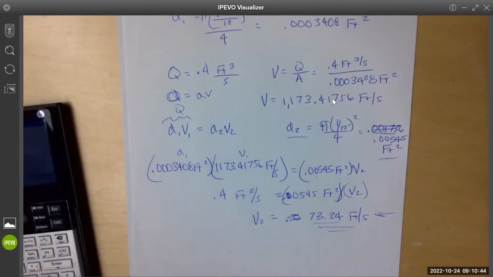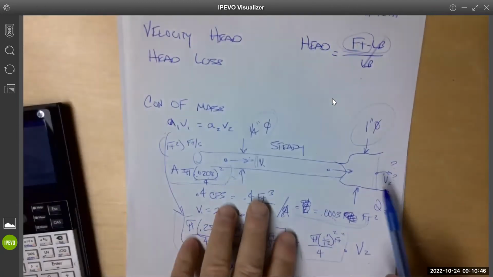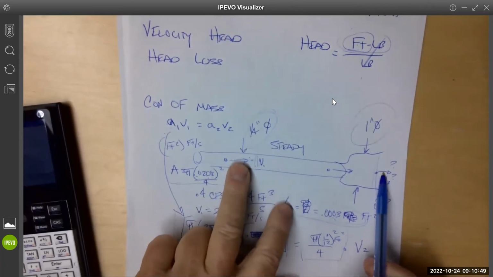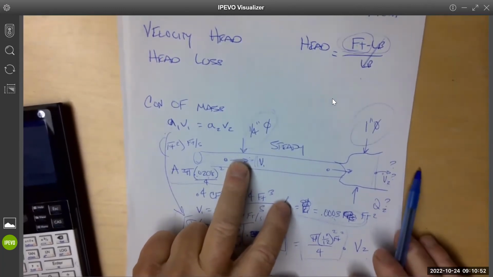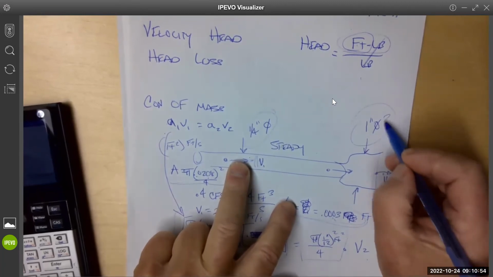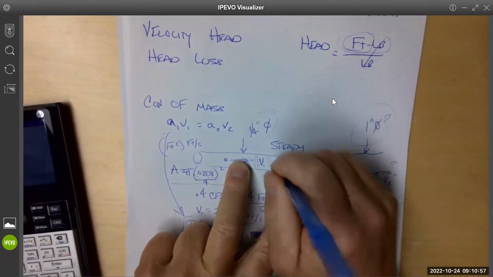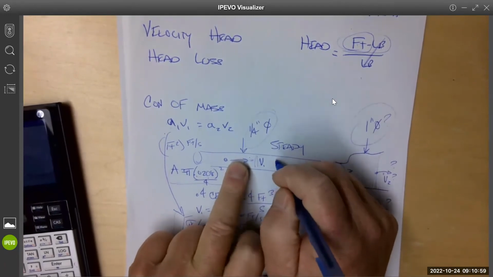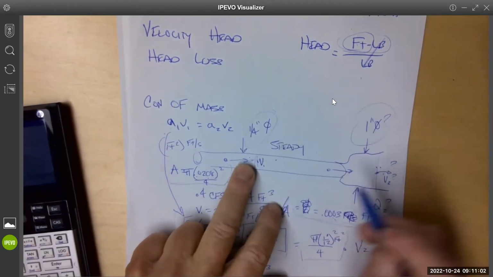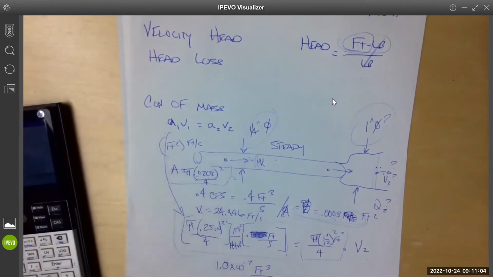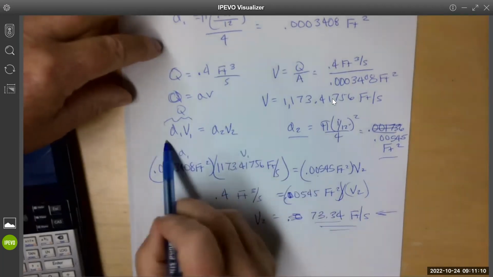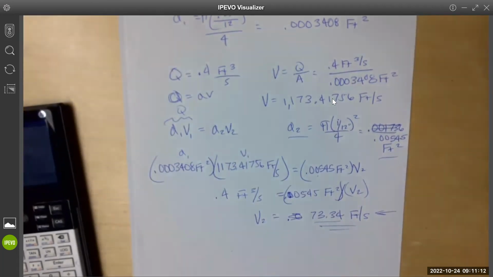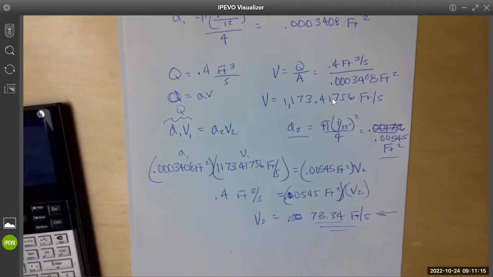If you're given two velocities, then you can find the necessary area. Maybe they say, how big should this pipe be? We need this flow rate in this system, and we have a 1/4 inch here. How big should that be to keep the flow rate? So any of the four variables here can be unknown. And the system can have three or four different diameter changes.